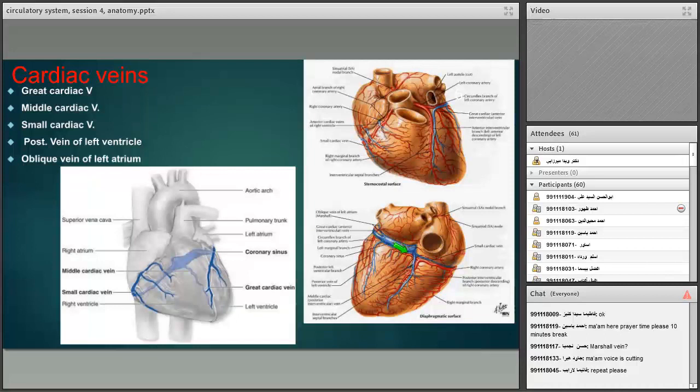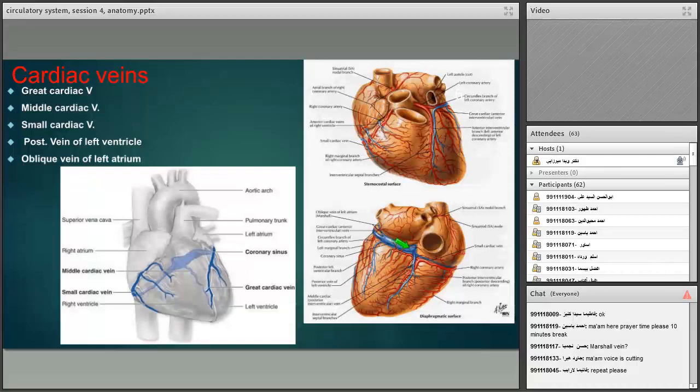Here is the coronary sinus. The Marshall vein is pouring into the beginning part of the coronary sinus. Look at here, it is pouring into this part. And the small cardiac vein and the middle cardiac vein are pouring into the last or end part of the coronary sinus.